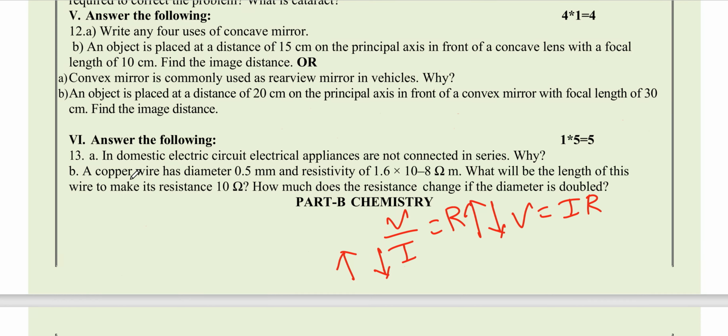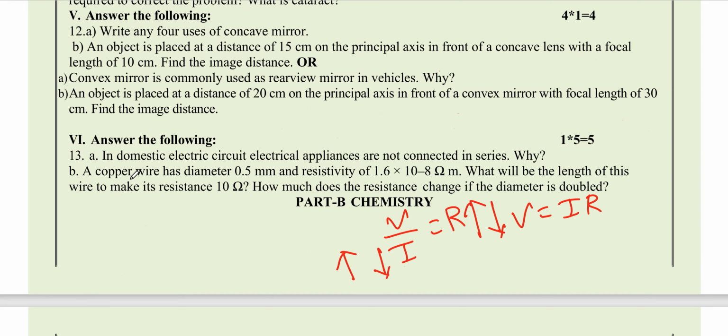Understood or not? Yeah. Next point: different gadgets need currents of different values to operate properly.